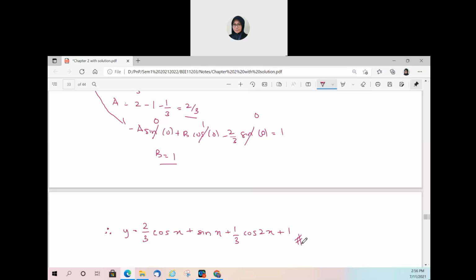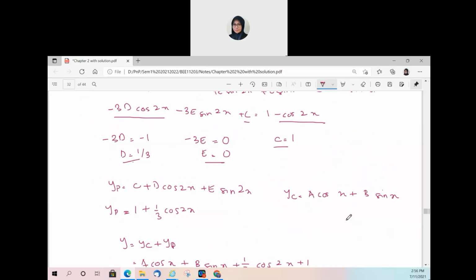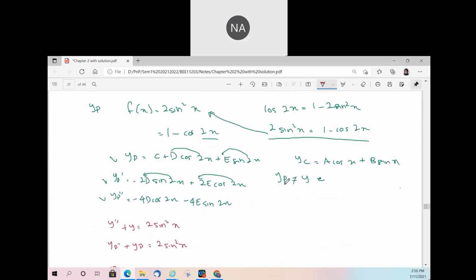Ada soalan? Kalau YP sama dengan YC, jalan kira dia lain lah. Macam mana? Kalau YP sama dengan YC. Kan soalan ni YP sama dengan YC. Ini YP tak sama dengan YC.